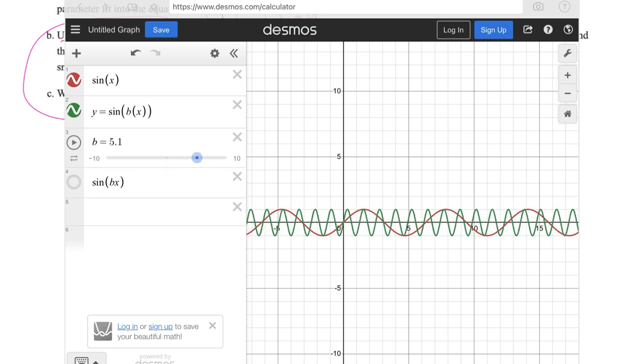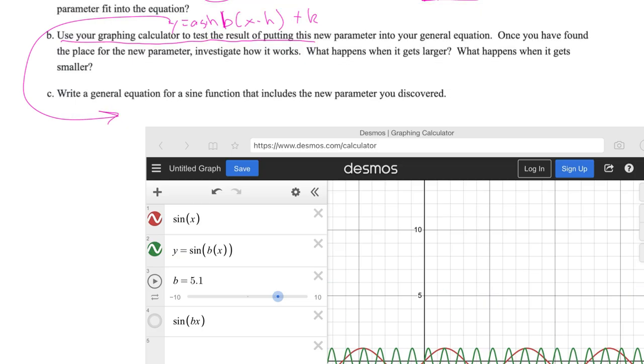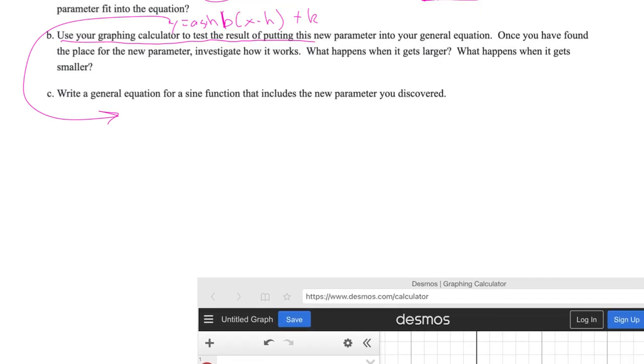So our generalized form is going to be just exactly like we talked about right up here. I'm going to write it one more time. Y equals a, that's that vertical, sine of b times x minus h, that's that horizontal movement, plus k.